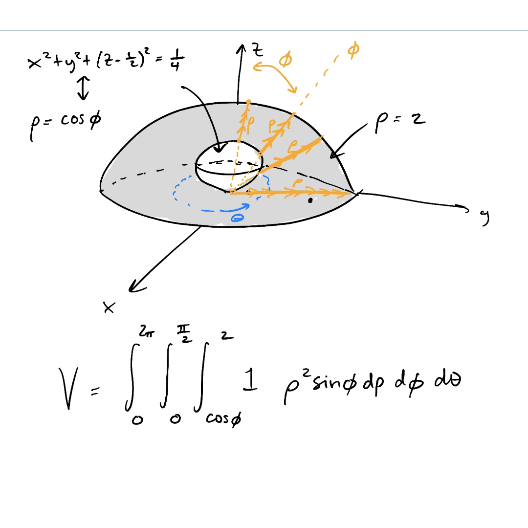And now we're set. And again, you simply integrate as you would in any situation where you're doing a triple iterated integral. Do the inside integral first. Rho is the variable, everything else is constant. Do the middle one next. Phi is the variable, everything else is constant. Do the outer one last. Theta is the variable.